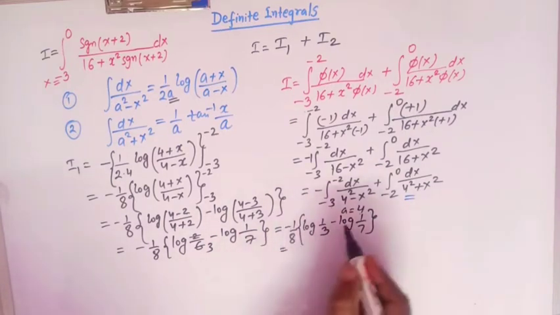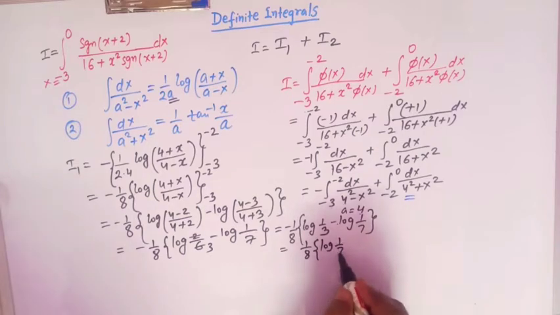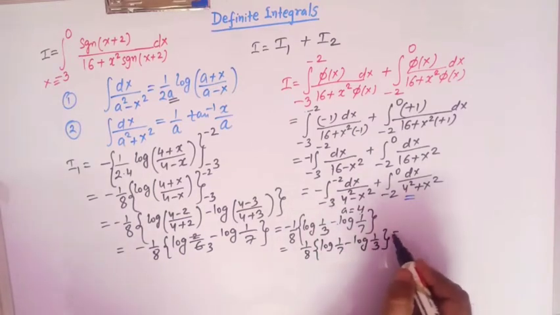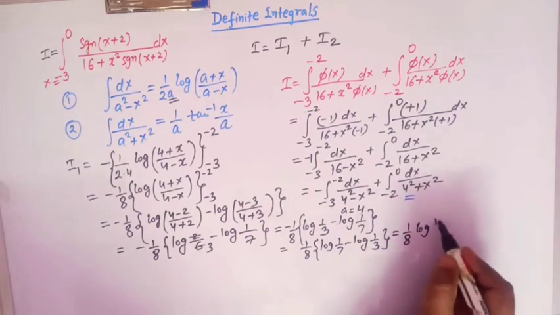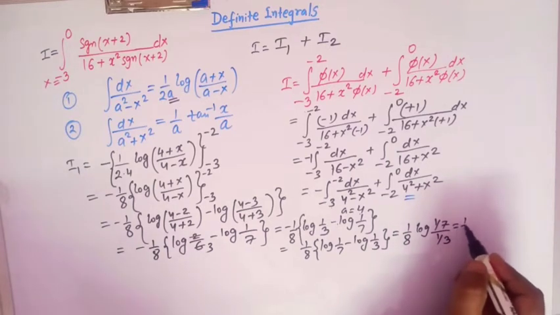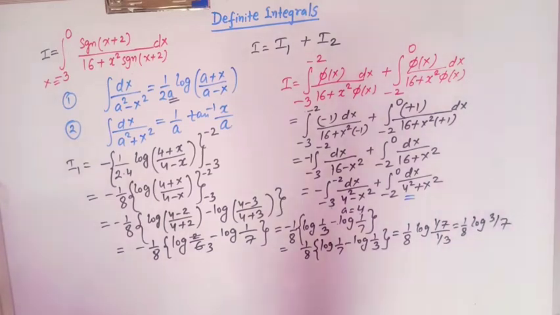Now taking this negative sign inside, we have 1 over 8 and log 1 over 7 minus log 1 over 3, and here we have 1 over 8 and log of (1 over 7) divided by (1 over 3), and this is 1 over 8 log 3 over 7.